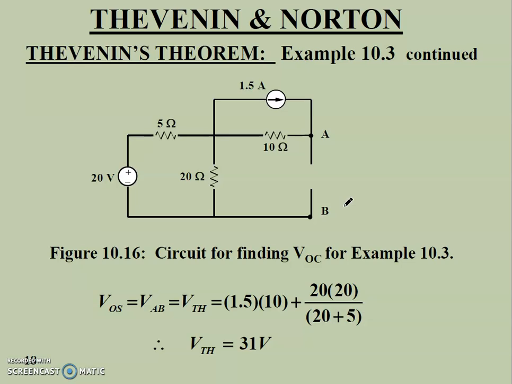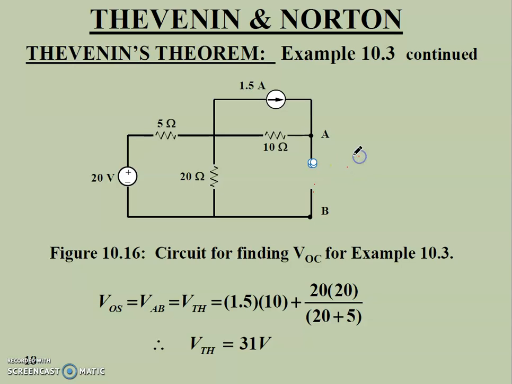For that we have to remove the load RL, and whatever voltage is read by a voltmeter at these two points will be the open circuit voltage.